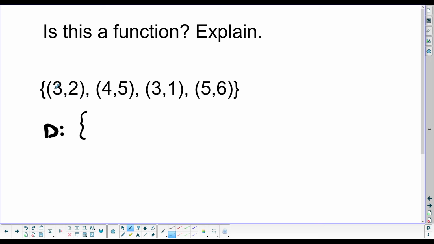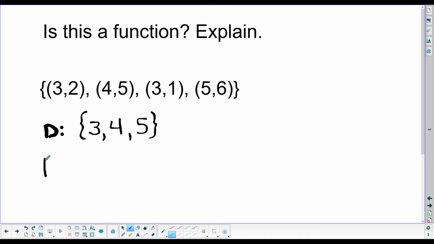The smallest number I have here is 3, then 4. I have another 3, but since it's listed there twice, I'm only going to list it in my domain once. So 3, 4, and 5 are the numbers in my domain.